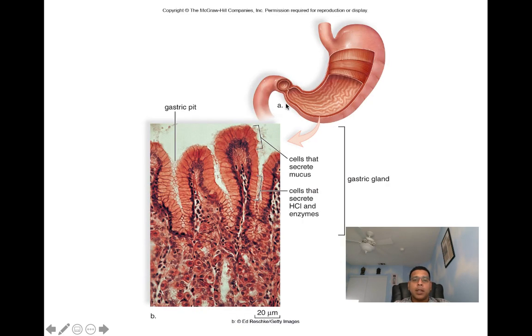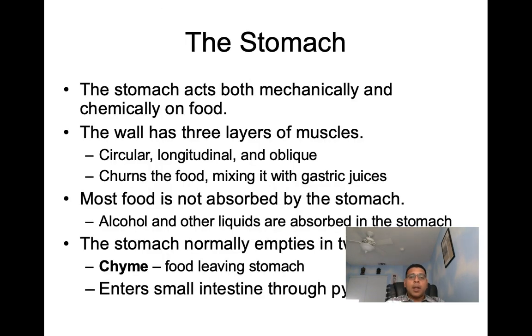So here we can see we've got our pits, and these pits are going to lead us into our glands. These are all the glands here. All right, so here we can see the stomach is going to break down food both mechanically and chemically. Again, it's going to have 3 layers of muscles.